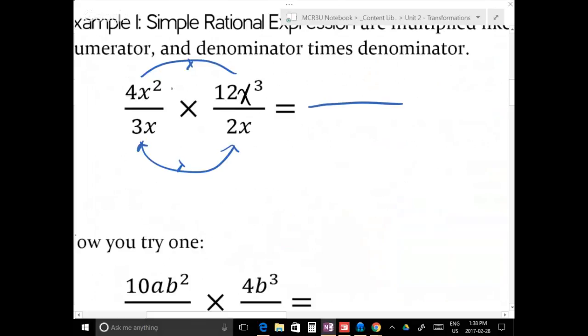Okay, so what's 4 times 12? 48. And what's x squared times x cubed? What do you do when you multiply like that? Yeah, you just add the exponents.